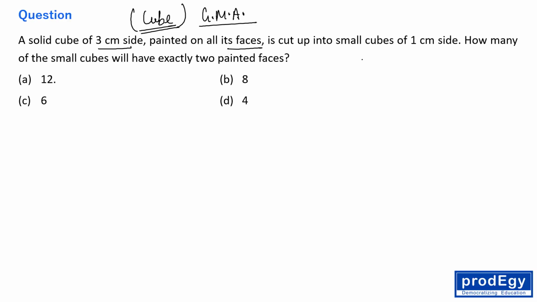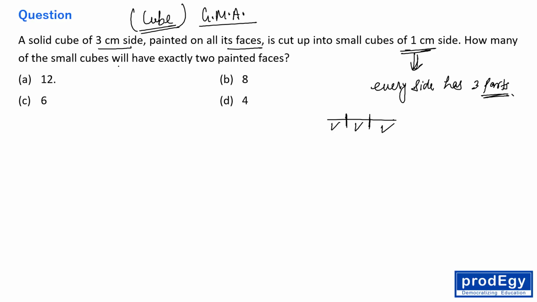It means every side has 3 parts, not 3 cuts, because it will be having 2 cuts. If it is 3 cm, it will be having 2 cuts like this. So first part, second part, and third part. So every side will be having 3 parts, right?